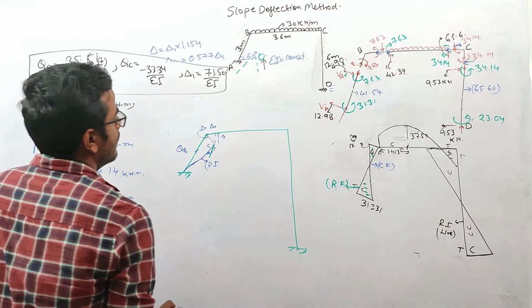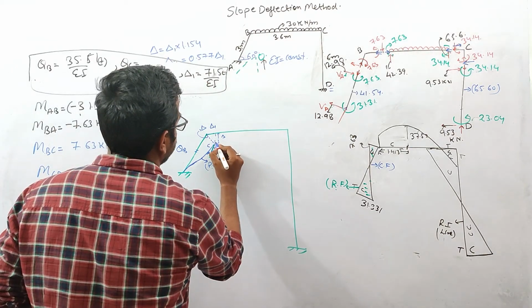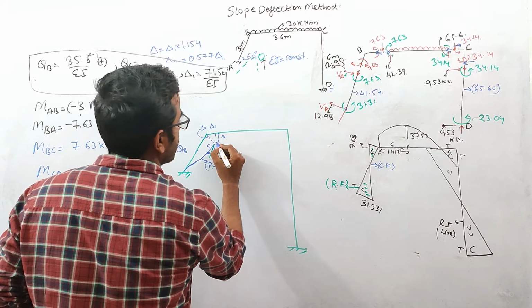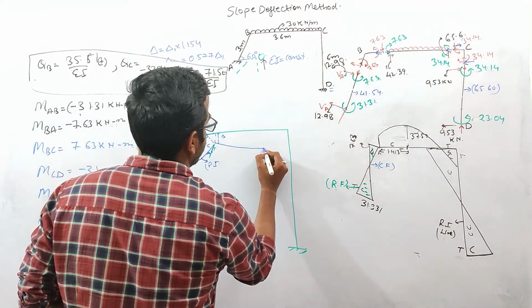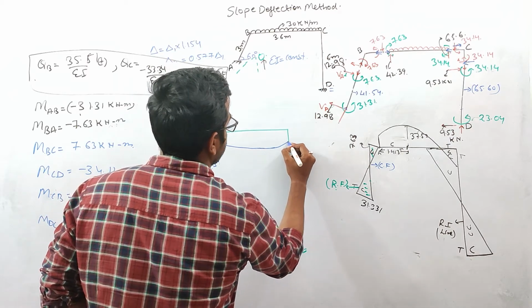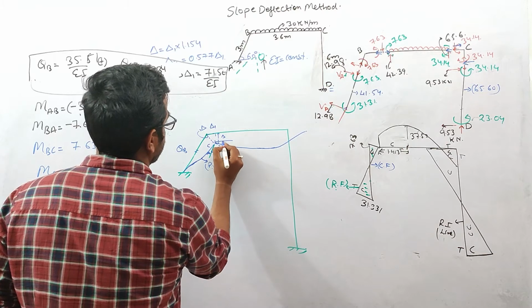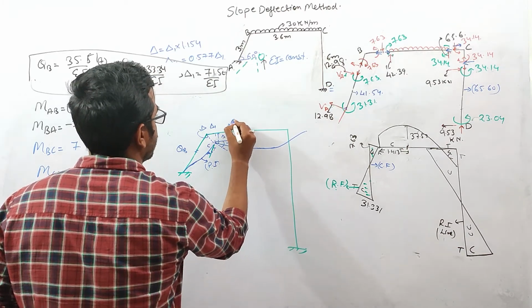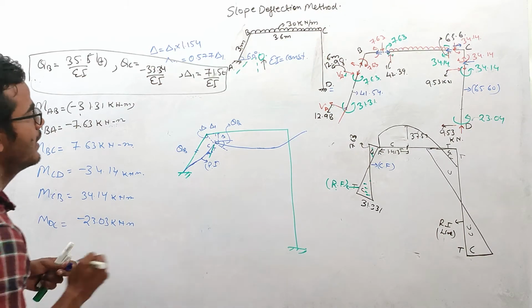Now at this portion, this complete portion is under sagging. And at some point, this is theta B. Again, you can see that it is anticlockwise.